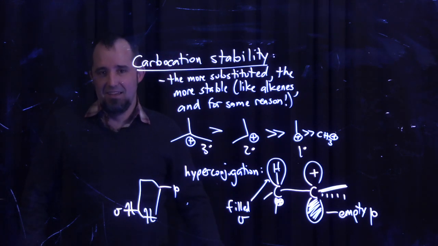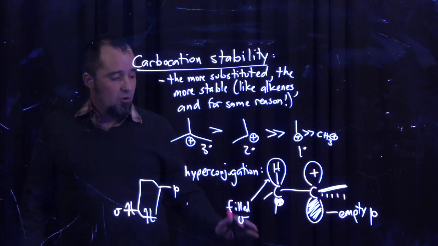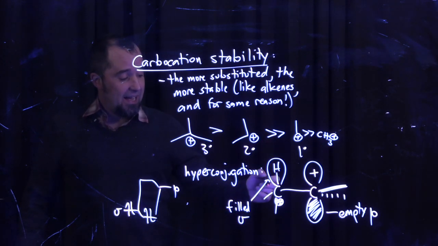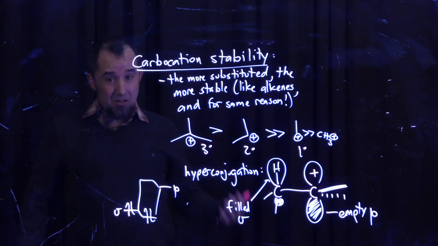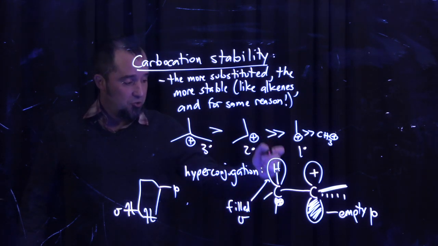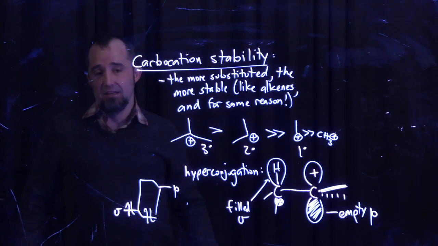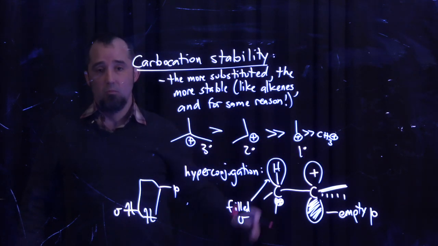If it could talk and say fam. So that's what is happening here. The more substituents I have here and there, the more chances I have that something will be lined up at any given time to lean over and donate electrons to the carbocation. So more substituted carbocations are more stable.